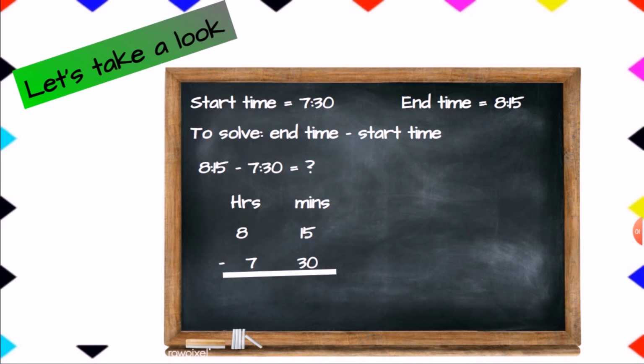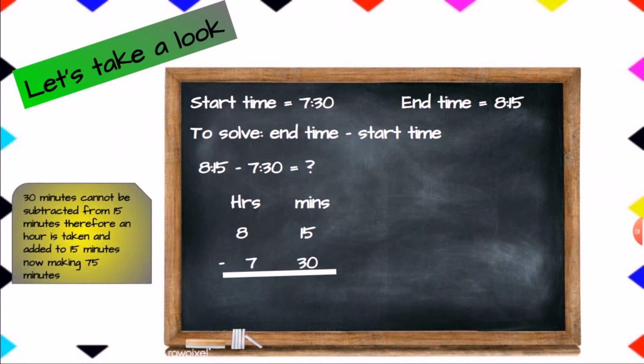Now I'm going to ask myself, starting with the minutes column, can I take 30 minutes out of 15 minutes? That's impossible, right? So 30 minutes cannot be subtracted from 15 minutes. Therefore, an hour is taken and added to the 15 minutes to make it 75 minutes.